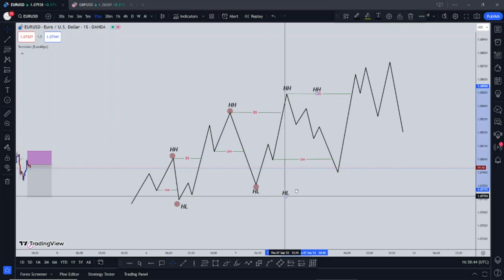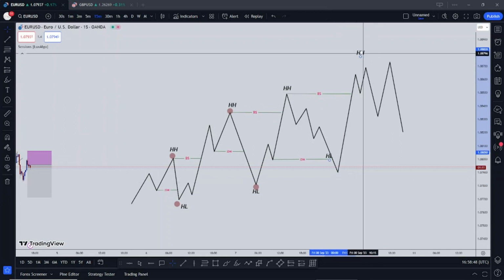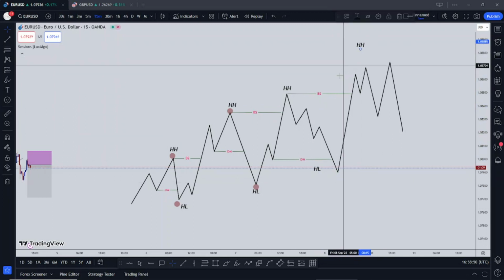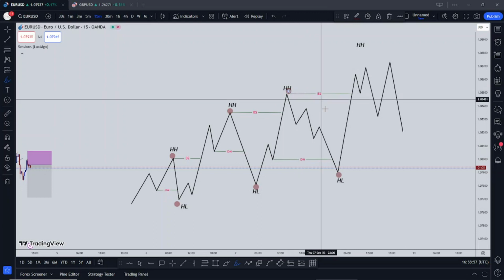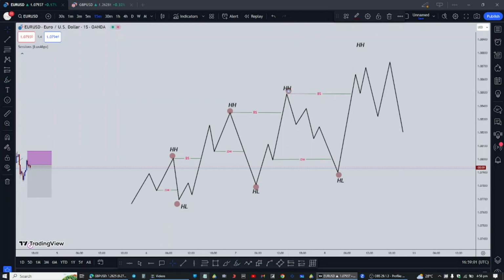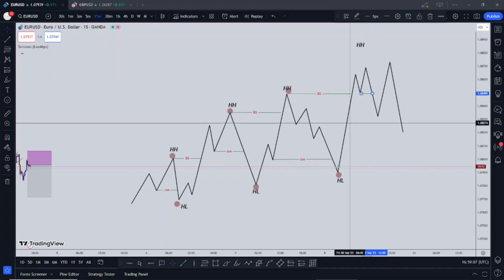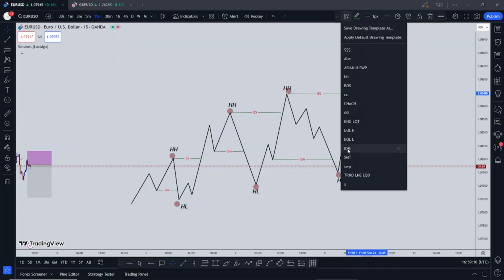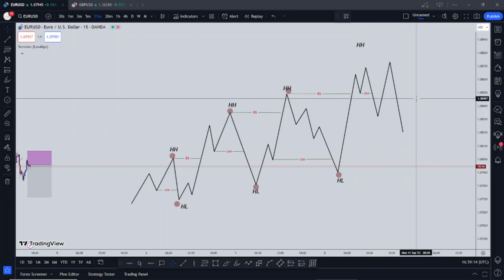So as we can see right over here, we have our higher low here too. Okay, higher low, higher high. Now you can already see the next higher high. What we can see right now is this low has been taken. This internal low, internal structure has been taken, which is our inducement.